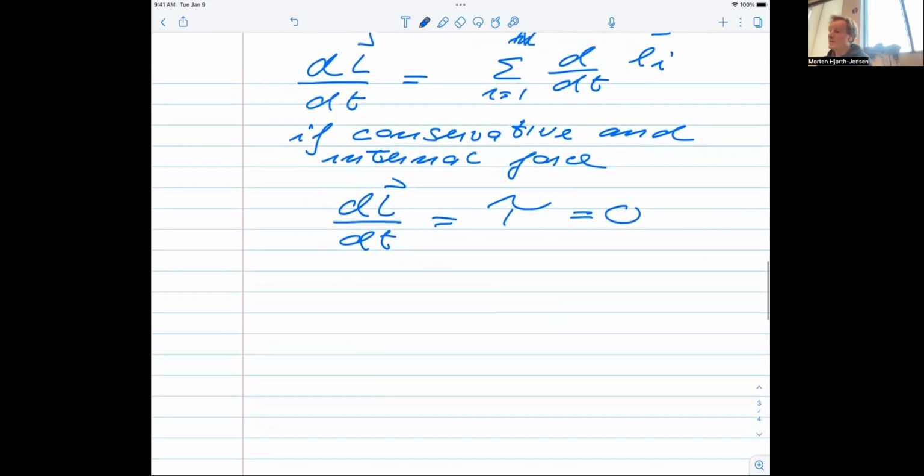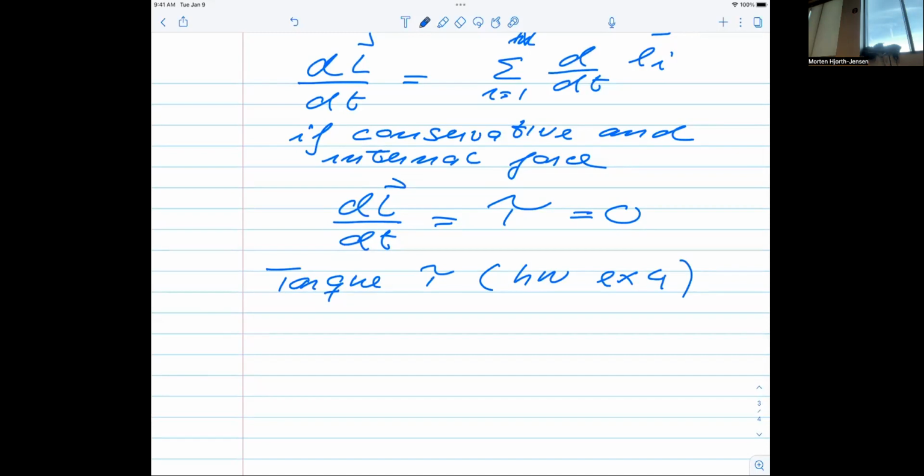And now one of the things which I wanted to look at is a calculation of the torque, tau, for a single particle or single object. And this is related to the next homework, and it's exercise 4 here. So I just wanted to show you one of the typical paths which we can take when we now want to calculate different quantities. And clearly the torque is an interesting quantity because that tells us how fast an object is rotating.